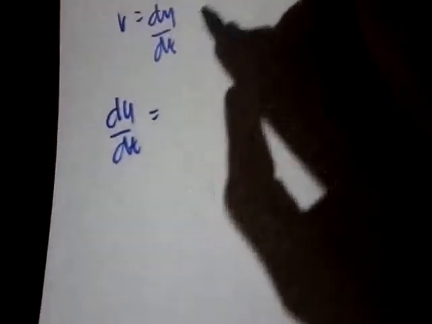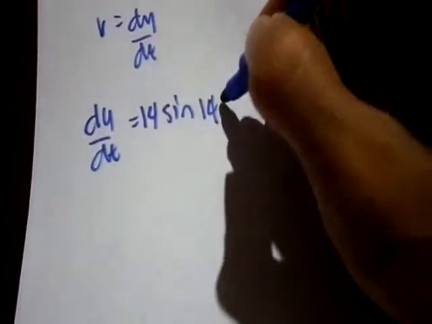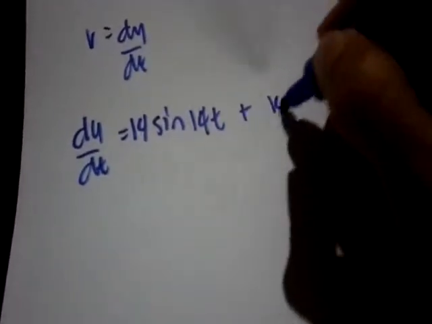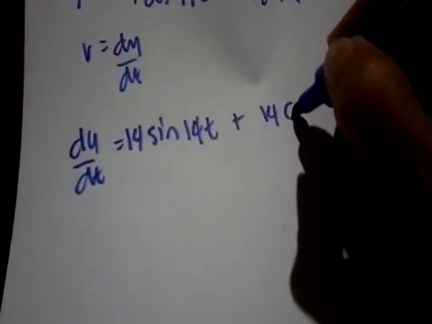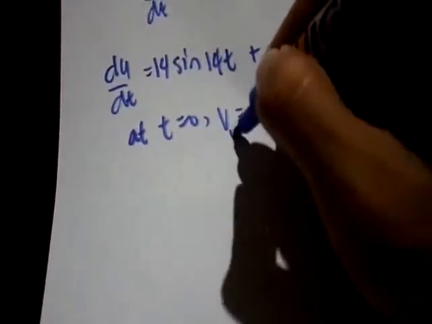So dy over dt is equal to 14 sine 14t plus 14 c2 cosine 14t, which at t equal to 0, v is equal to 7.